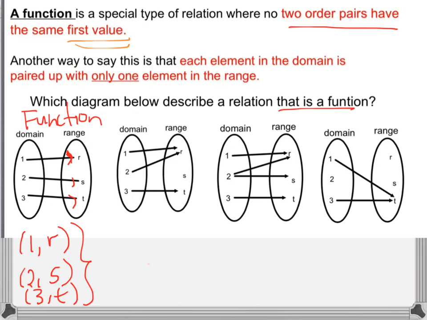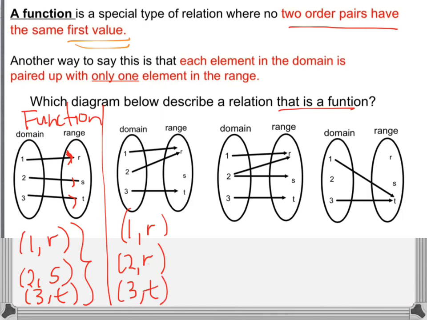Okay, so if we were to relate the next one, 1 gets sent to R, 2 gets sent to R, and 3 gets sent to T. Okay, so no two pairs have the same first value, and I have 1, 2, 3 as my first values here, so this is also a function.